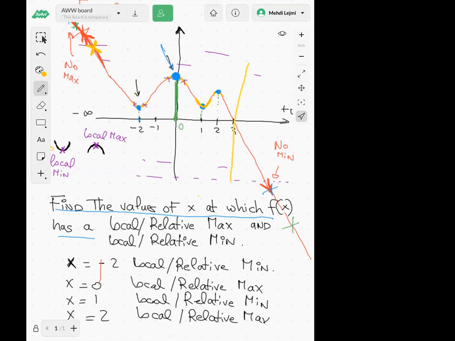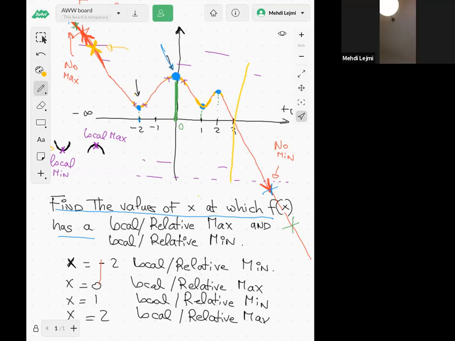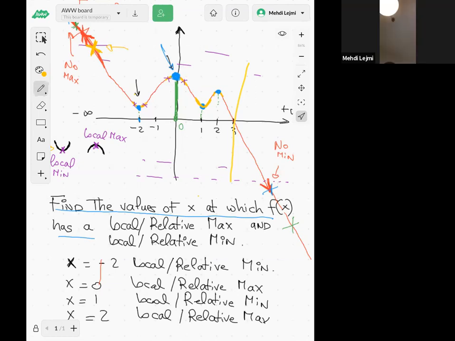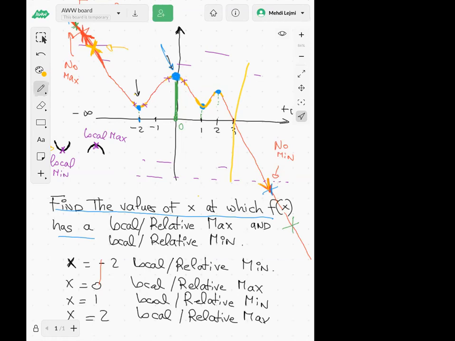I guess there is no global maximum here. Yes, because of the arrows. We have an arrow which goes all the way up, it doesn't stop, so there'll be no global maximum. And the same thing for the other arrow going down, so there'll be no global minimum.